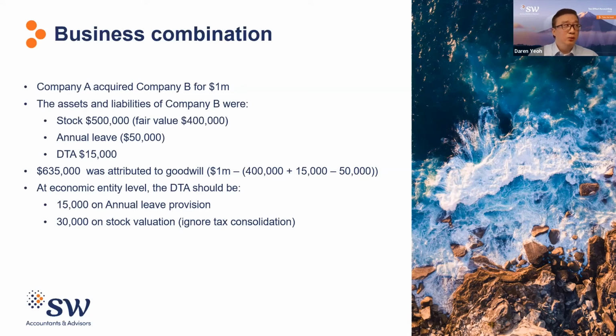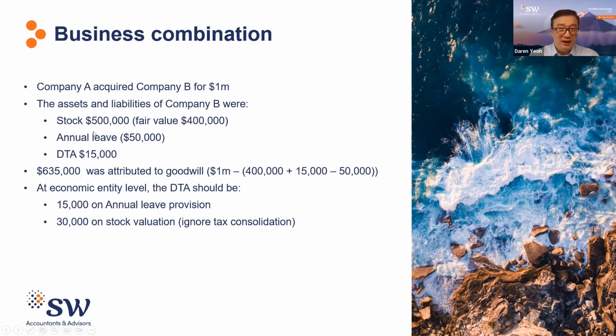So let's calculate the goodwill. Company A paid 1 million minus the net assets, being the fair value of the stock, add the deferred tax asset, minus the provision for annual leave, gives rise to a goodwill of 635,000. Now you note that Company B has a DTA of 15,000 on the annual leave provision.